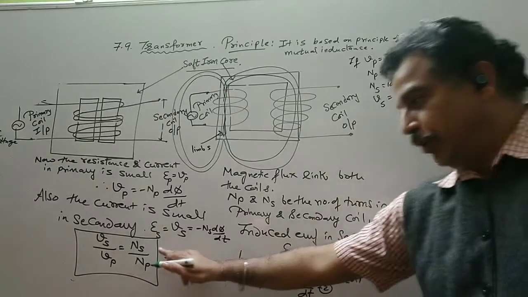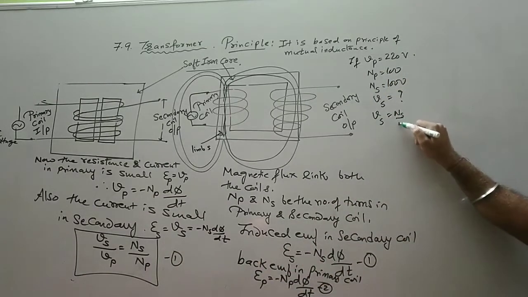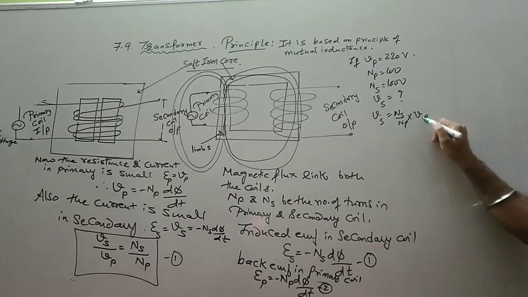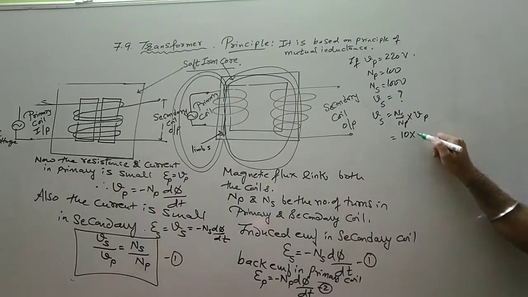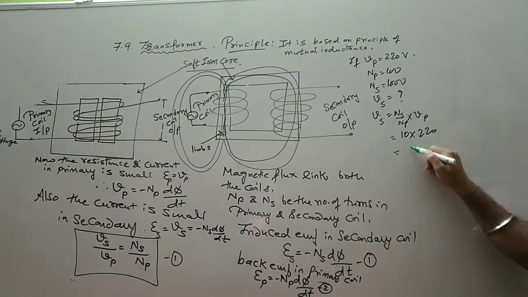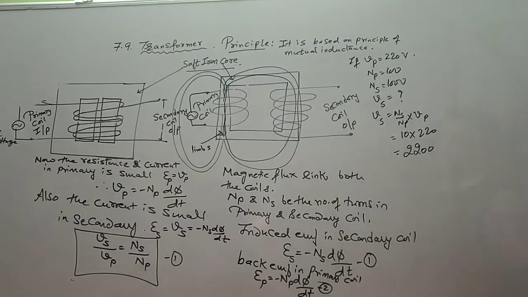So from this equation it is clear that Vs is equal to Ns upon Np into Vp, that is equal to 1000 upon 100, that is 10 times 220 volt. So it becomes 2200, that is 10 times 220 volt.